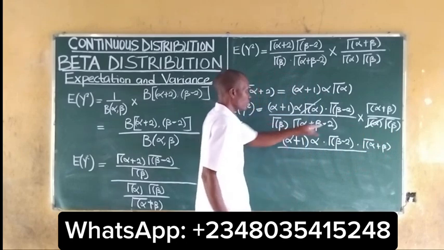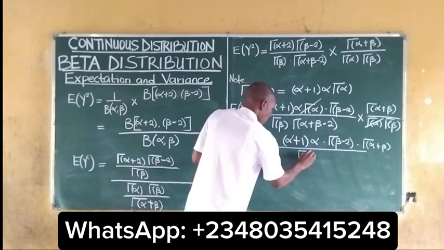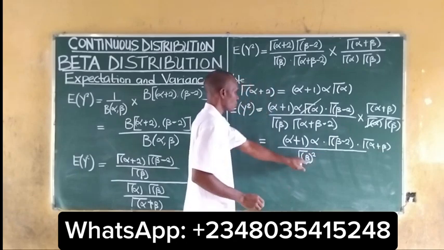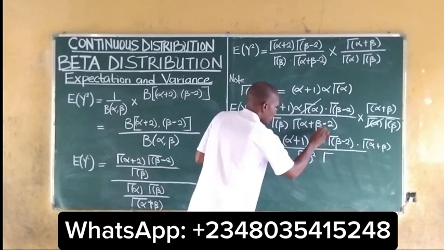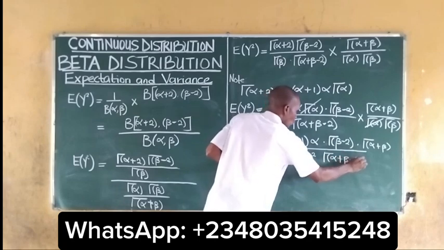We bring this here, this multiplied by this will give us gamma beta raised to the power of 2, that is gamma beta squared, multiplied by this function gamma alpha plus beta minus 2.